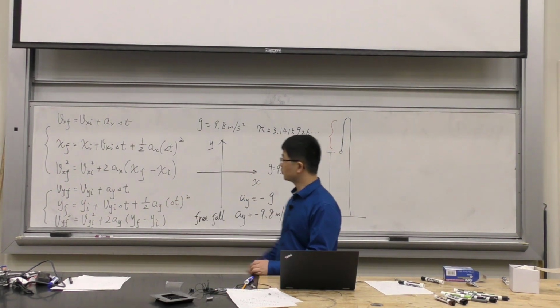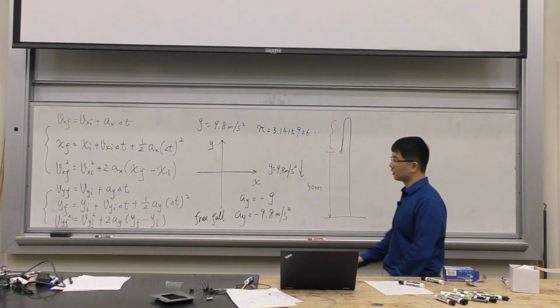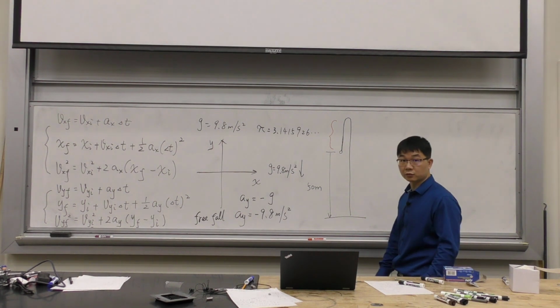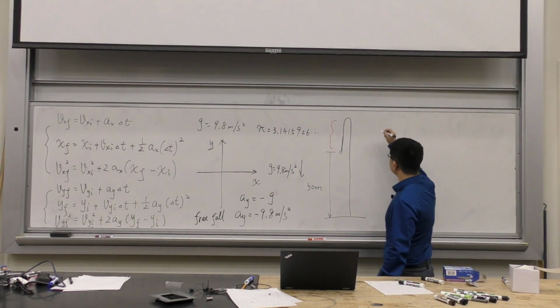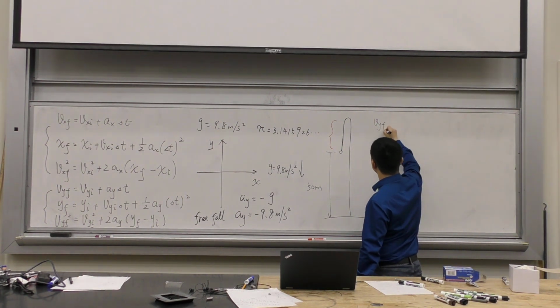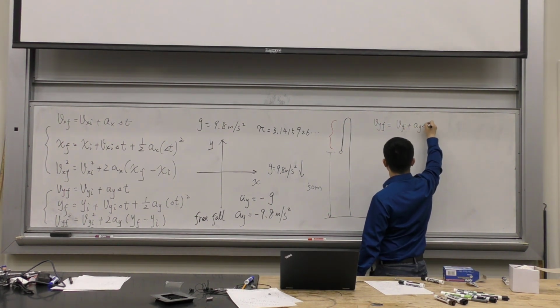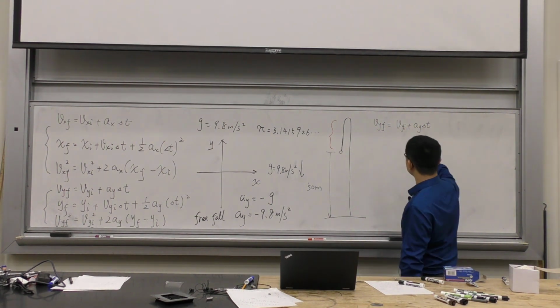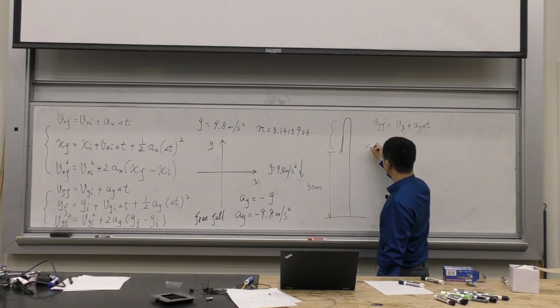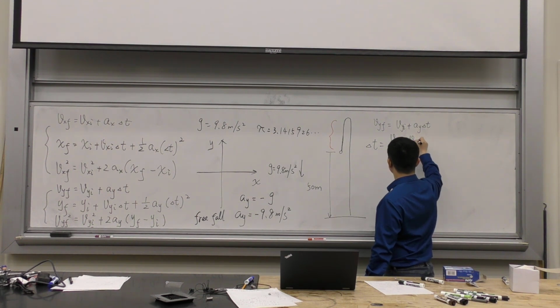Let's try the first one, because it looks easier than the second one, so I would always try this first. So I would write Vyf equals Vyi plus Ay delta t. Now rearrange this equation. If I want to find time, I get delta t equals Vyf minus Vyi over Ay.